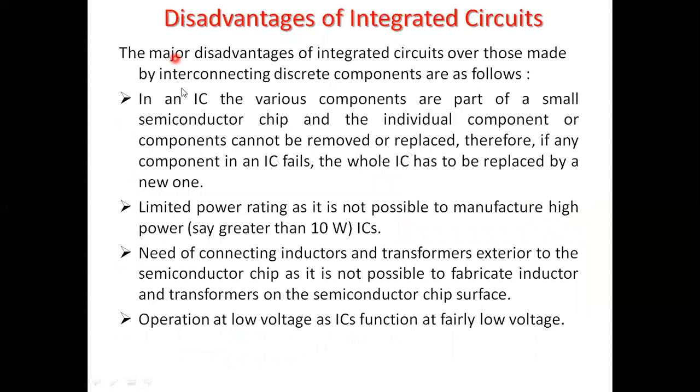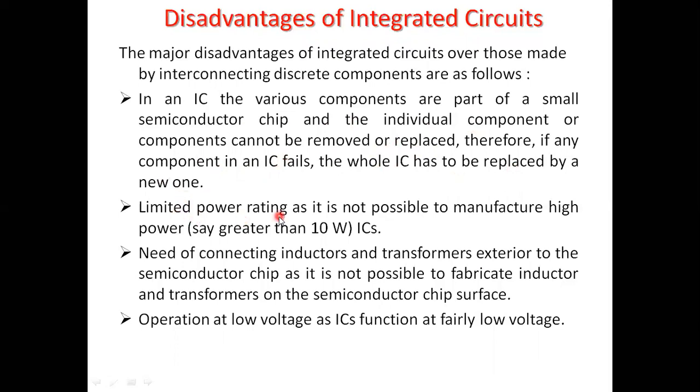disadvantages of the ICs. The major disadvantages of ICs over those made by interconnecting discrete components are as follows. In an IC, the various components are part of a small semiconductor chip and the individual components cannot be removed or replaced. Therefore, if any component in an IC fails, the whole IC has to be replaced by a new one.